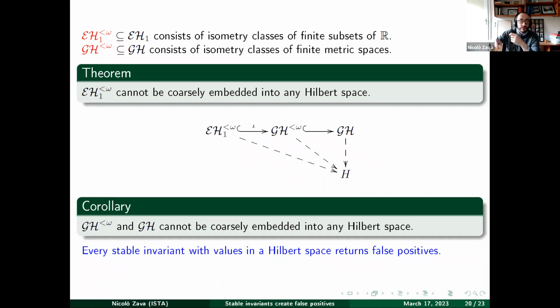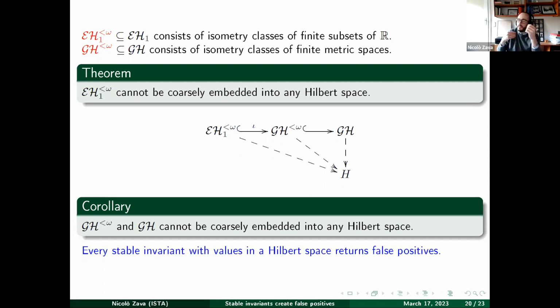If you want it to be a coarse embedding, then by composing everything you will have a coarse embedding from the original space into a Hilbert space, and therefore this is not possible.